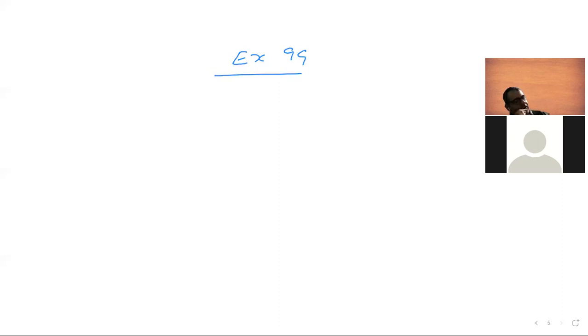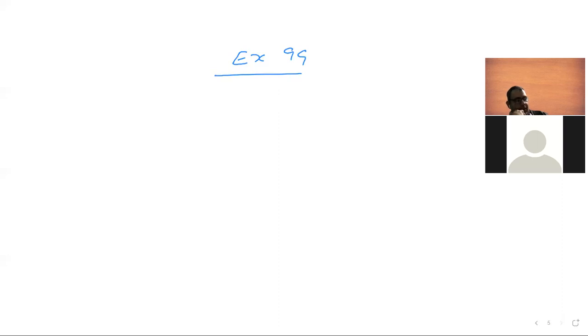So how much value did you get? P of A given B is 0.5, and what is the value of P of B given A? 2.2. Probability can never be bigger than 1. That's what's wrong.